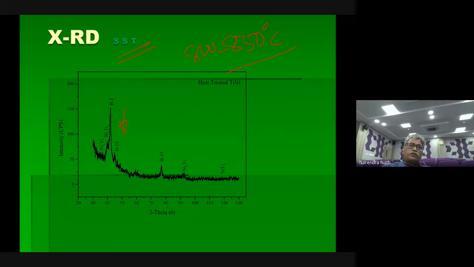The B2 intensity was reduced, and peak broadening is taking place. Other prominent peaks are coming. There was a high intensity peak in the previous case like this, and now it looks like this.